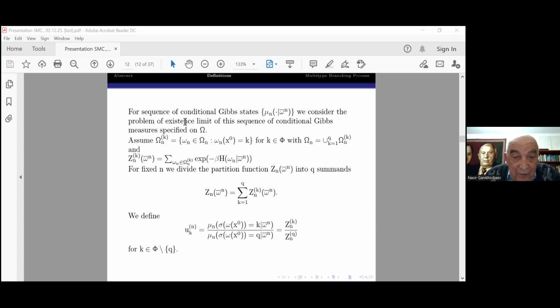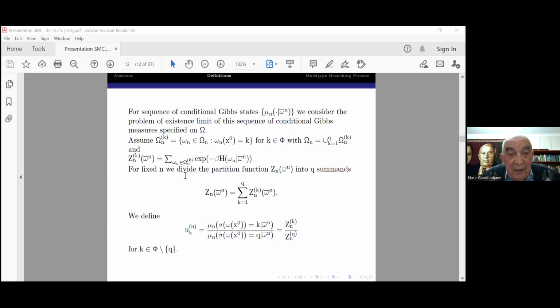For investigation of this problem, we assume omega n k is the set of all configurations for which the configuration at x0, at the root, is equal to k. Clearly, omega n will be equal to the union of these sets, and the partition function on omega n k is Zn k, with the same fixed boundary configuration, defined like this one.